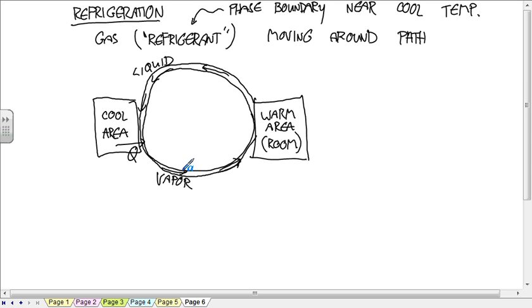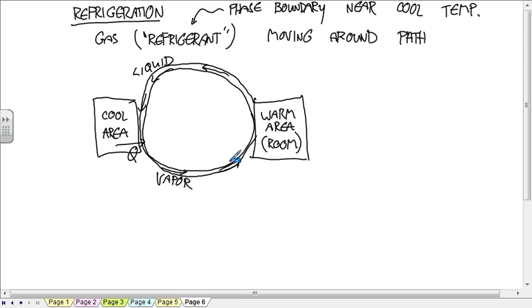Now there's one more trick you have to do, because somehow you have to get this vapor to a higher temperature than the warm temperature. Can you imagine how you do that? Well, you want it rejected out to this air, not to the air in your cool area, so what you do is you compress it. You put it under a lot of pressure.